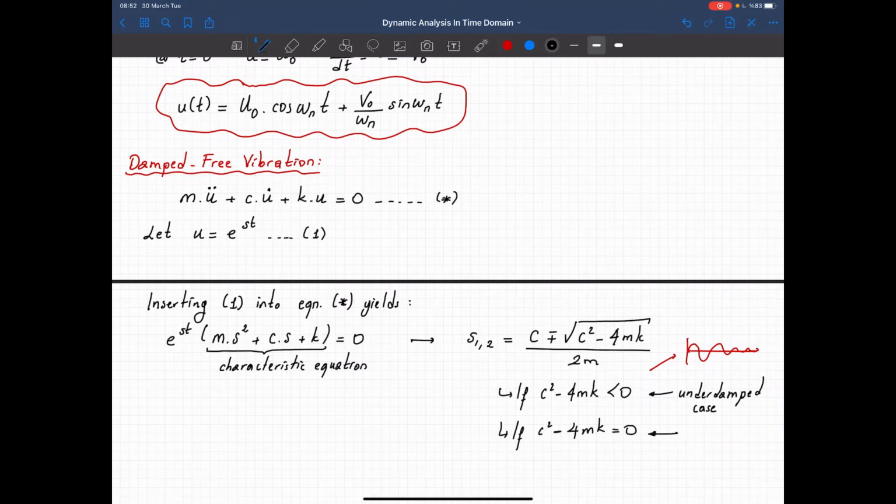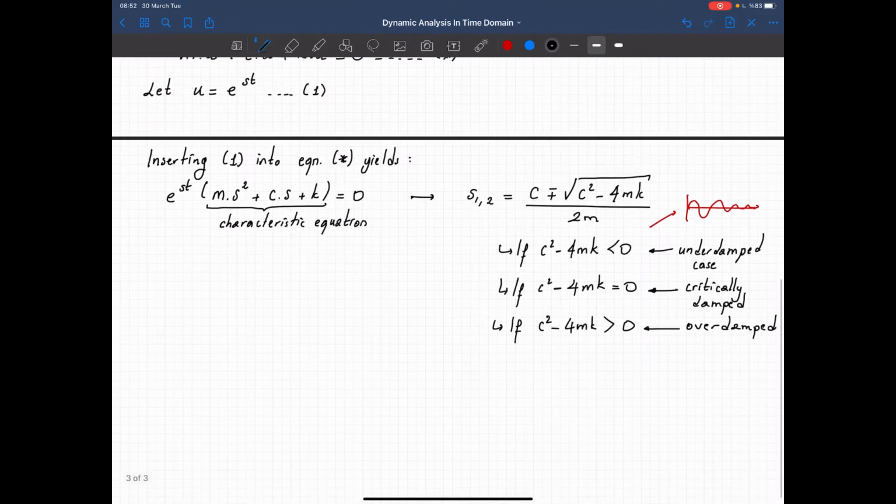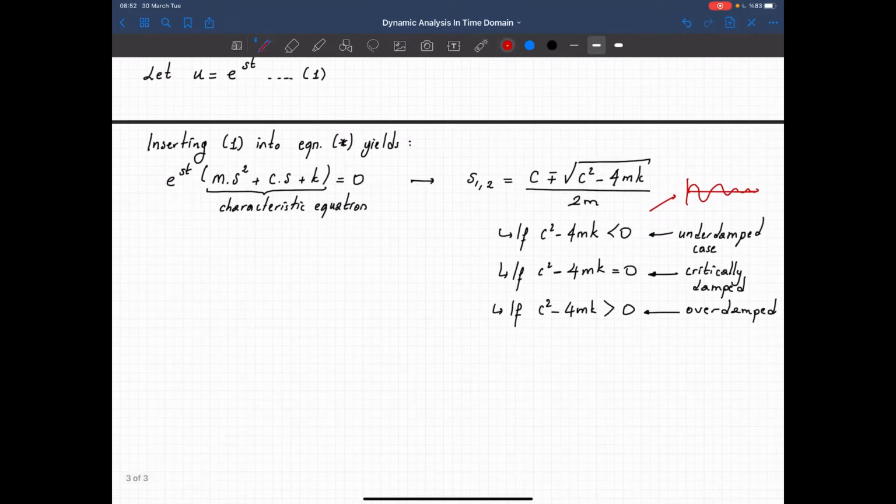So this is called the critically damped system. And the final case is c squared minus 4mk larger than 0, and that will be the overdamped system. In that case, we don't see any oscillation in the system, just a decay curve.